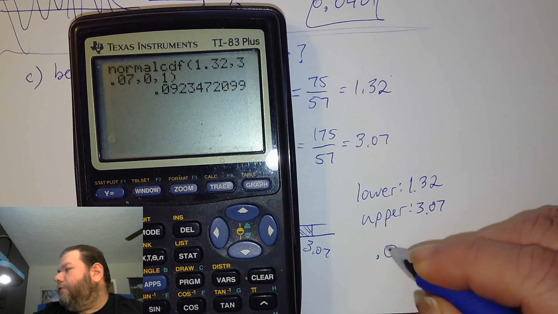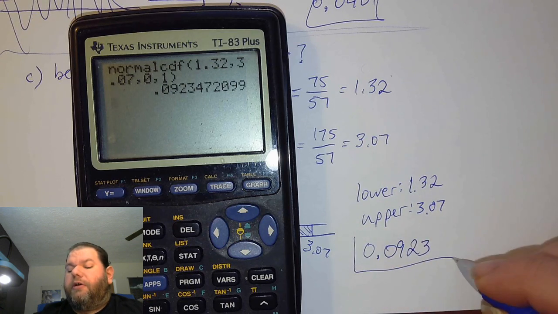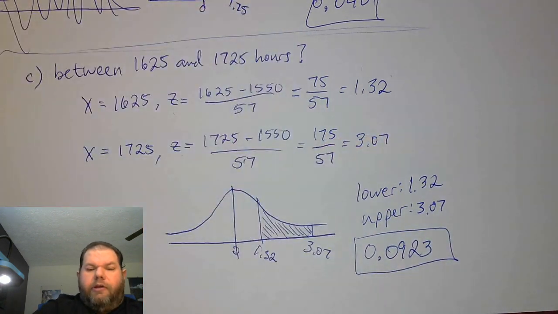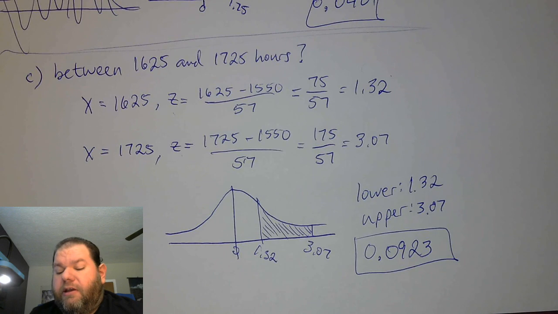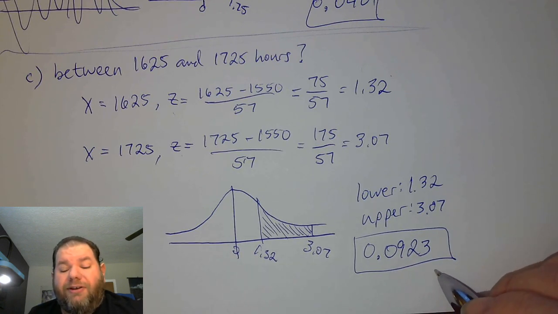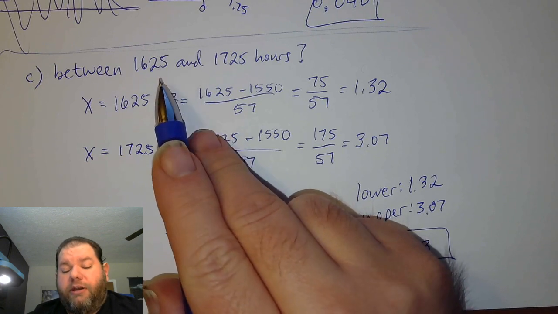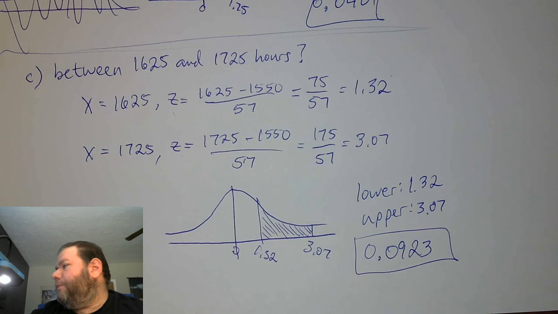So we get 0.0923 as our probability of that occurring. So again, that means a 9.23% chance that a randomly selected light bulb will last between 1,625 and 1,725 hours.